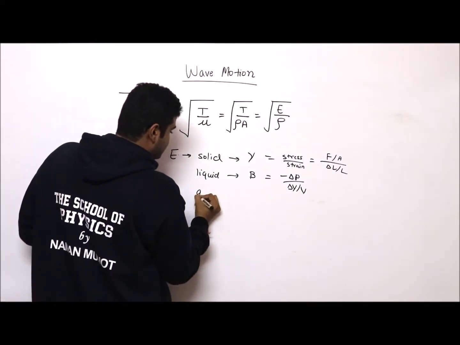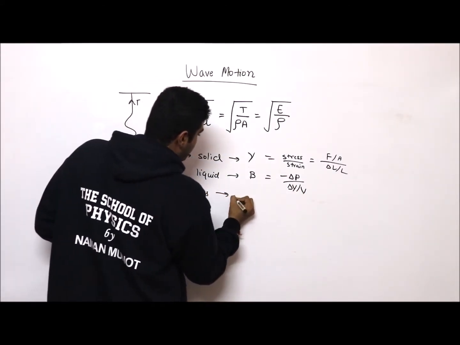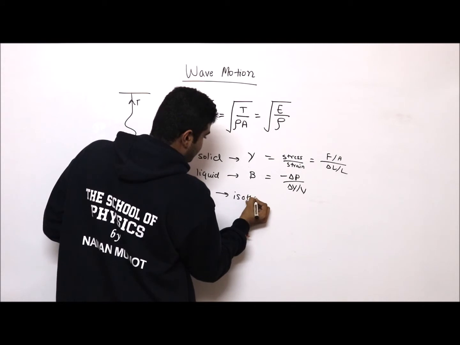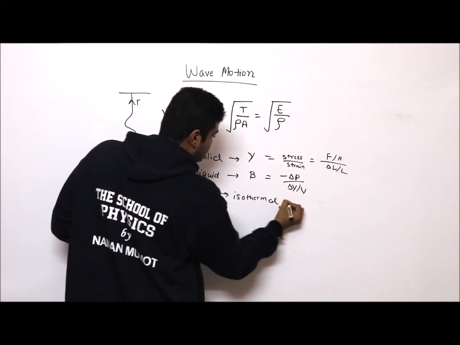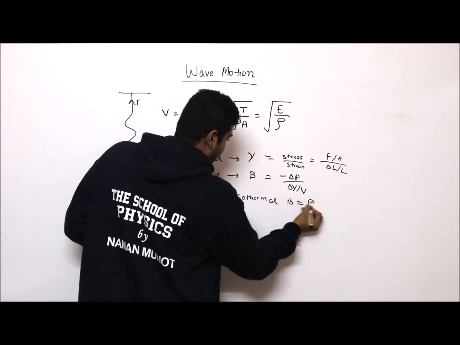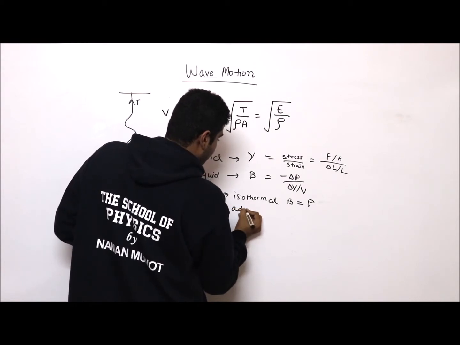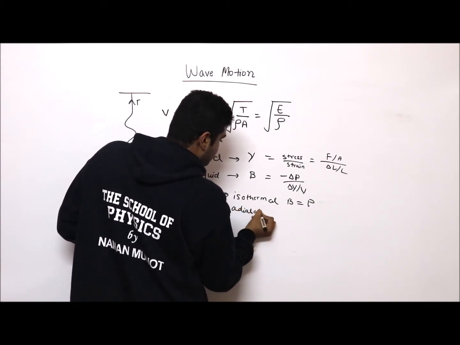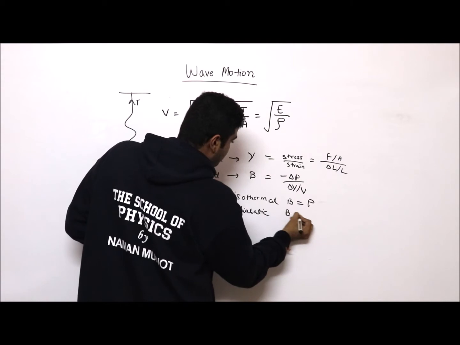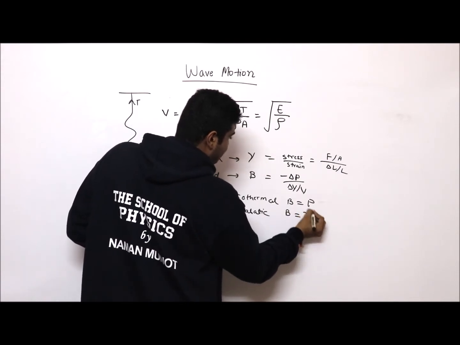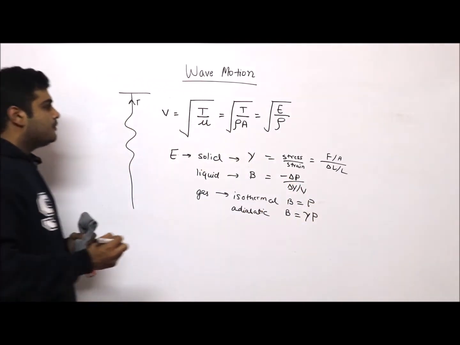And in case of gases, for isothermal, bulk modulus is equal to pressure, and for adiabatic, bulk modulus is equal to gamma, the adiabatic constant, into pressure.